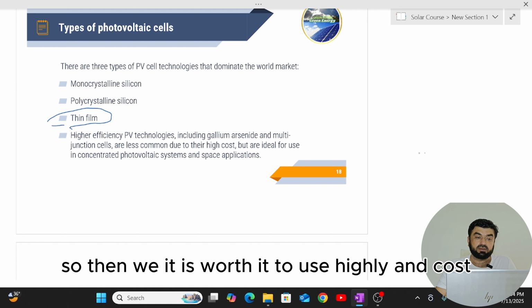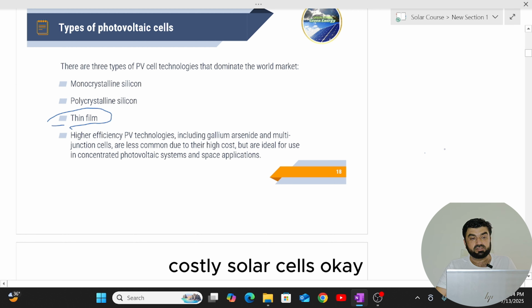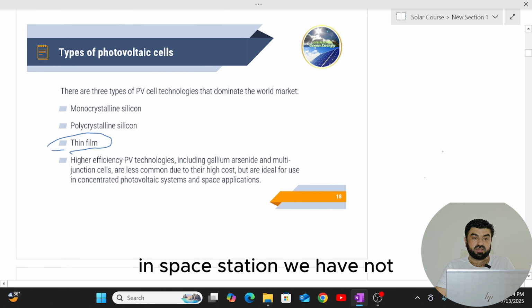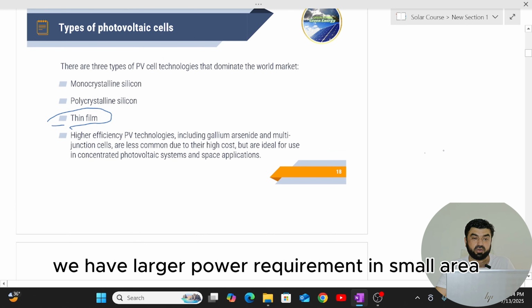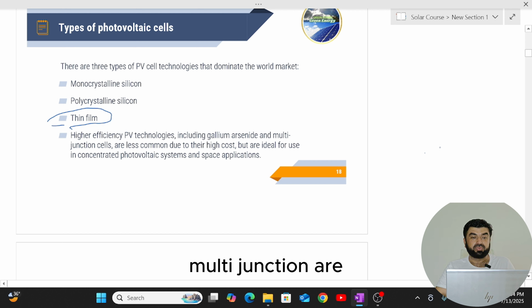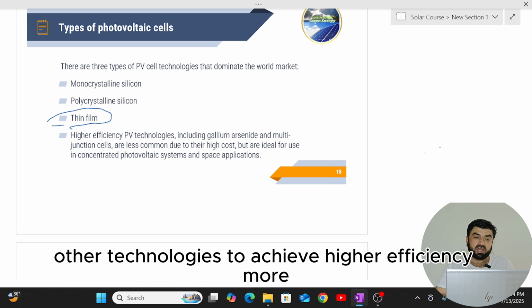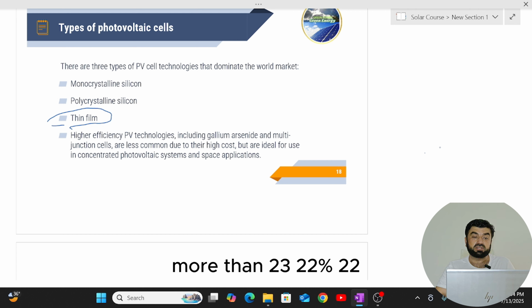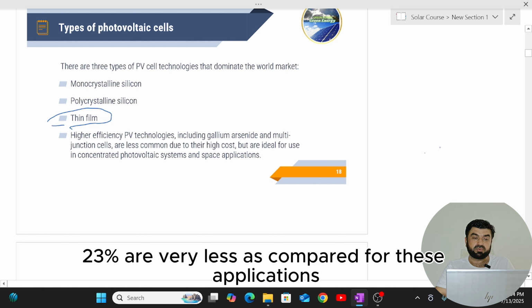Then it is worth it to use highly efficient and costly solar cells. In a space station we have a larger power requirement and small area, so that's why we use multi-junction or other technologies to achieve higher efficiency, more than 22%. 23% is very low for these applications.